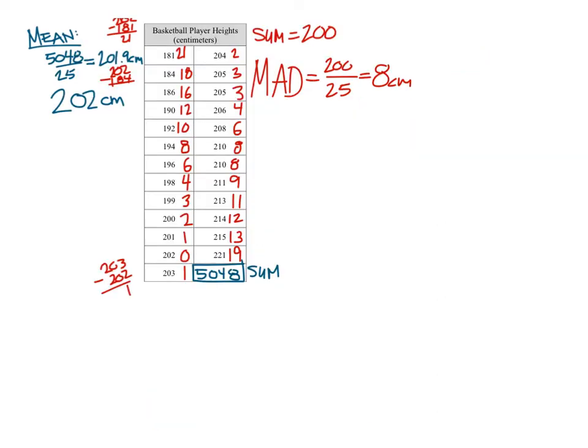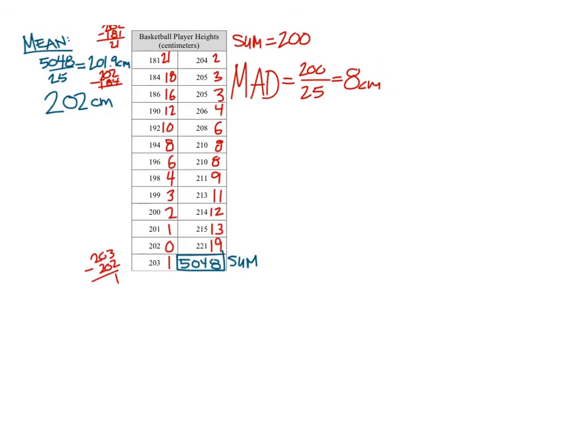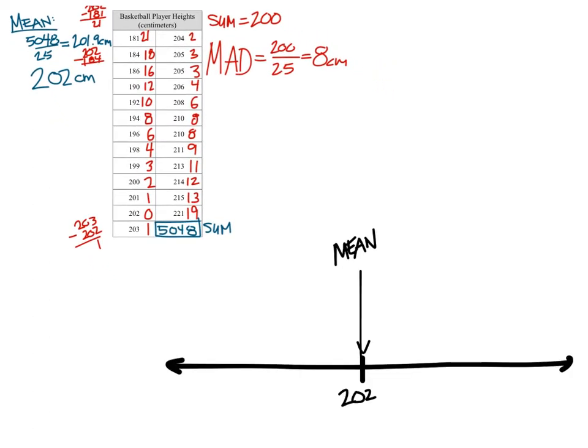All right, so let's look at a graph for this one as well, or a number line. And then we can make some determinations about how weird some of these numbers are. So if I put the mean right at the center here at 202, then I'm going to go 1 mean absolute deviation to the left, which is 8 to the left.